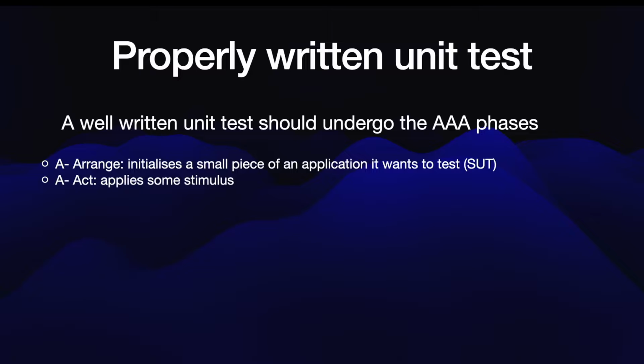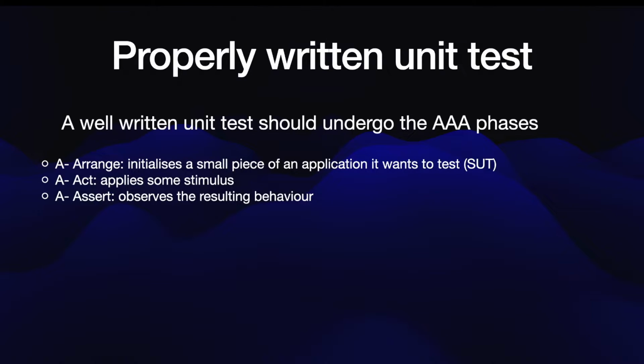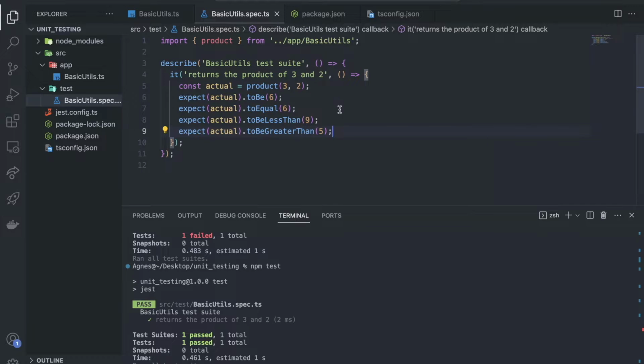So we can apply some stimuli, we can apply some methods. And the third one is to assert. So we are going to be using these 3A structures, these AAA phases. Let's change what we did here in order to use the AAA phases. The first thing is to arrange.